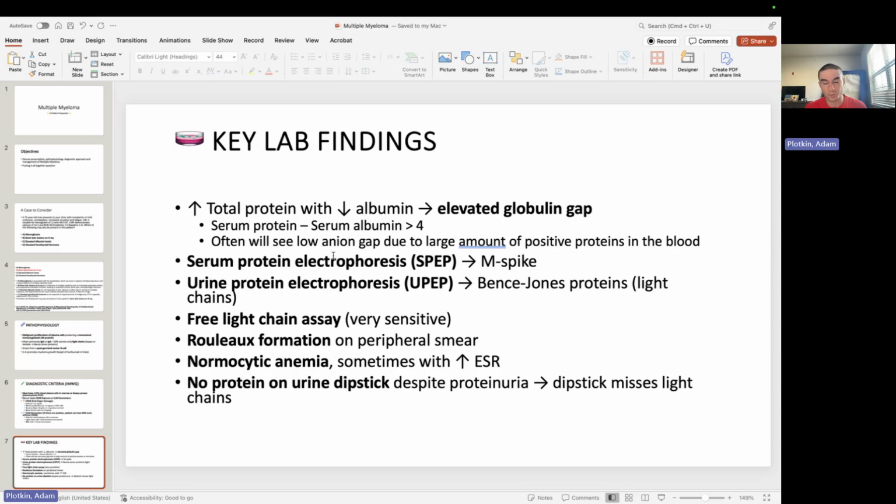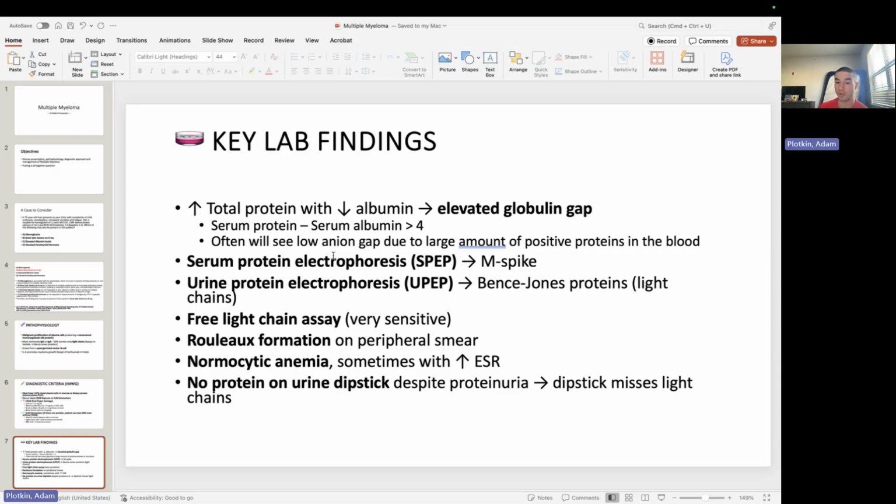Electrophoresis, you don't need to know the details of it, but it will just test for how these proteins run down a gel. If you have a ton of a single type of protein, you can have a huge amount of protein at one part of the gel. And when the pathologist or the lab techs plot this, they'll have a huge spike at one part on the gel, right? And so that's called a positive M spike, okay?